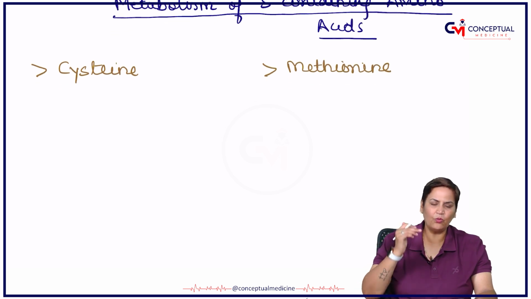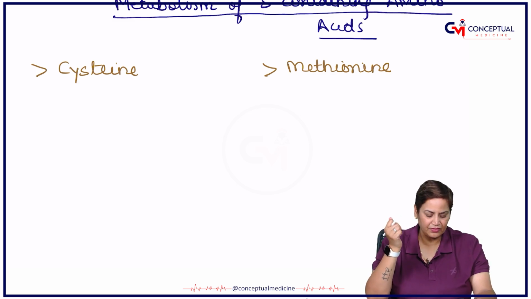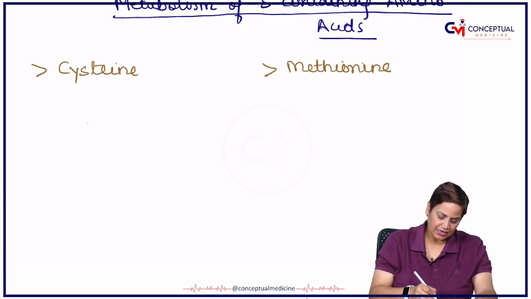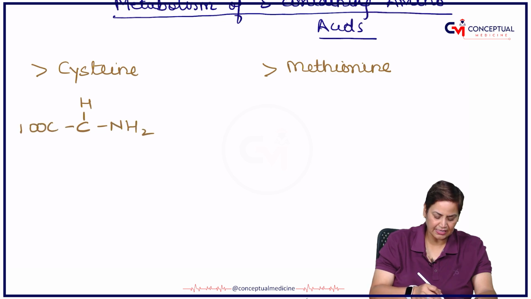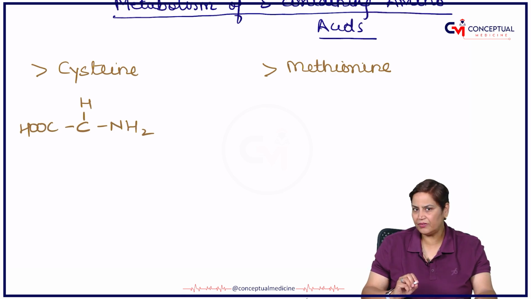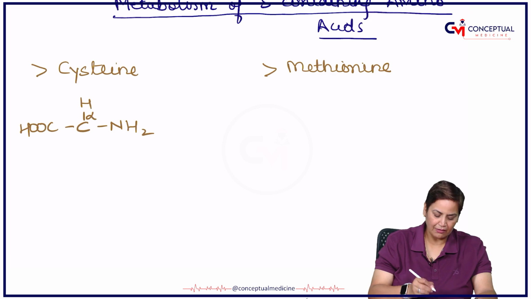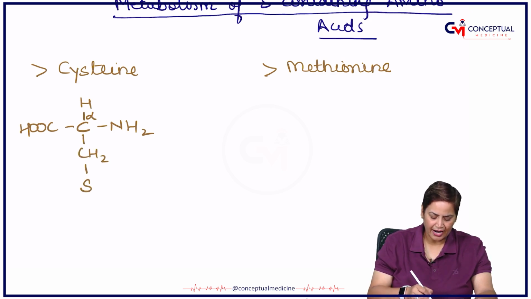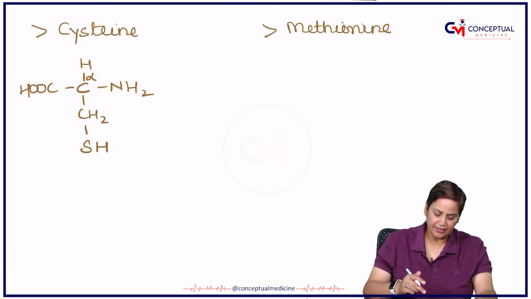Right. Now, what is the structural difference between cysteine and methionine? Both are having sulfur in them. And again, we will come to the main structure of the 20 standard amino acids. As I have been mentioning in my previous videos also, this is the generalized structure. This is your alpha carbon atom, which is connected to a sulfhydryl group in cysteine.